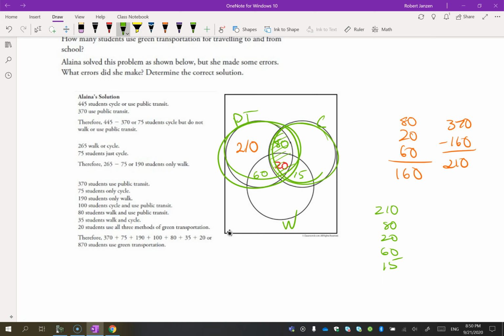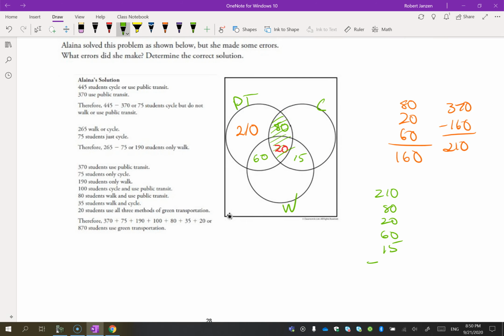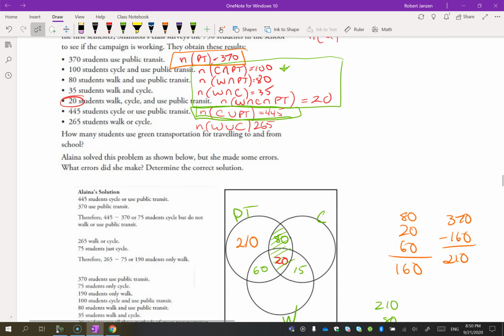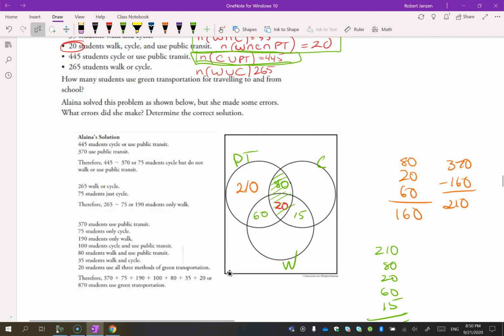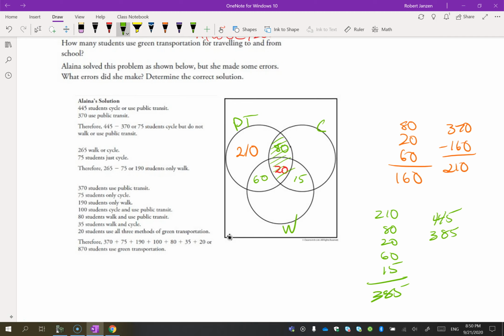Okay, and you can see that I've got so far 310, 370, this is 385. But we are just told there that 445 use one or the other. So if I take away what I've counted already, this leaves me with 60 more.